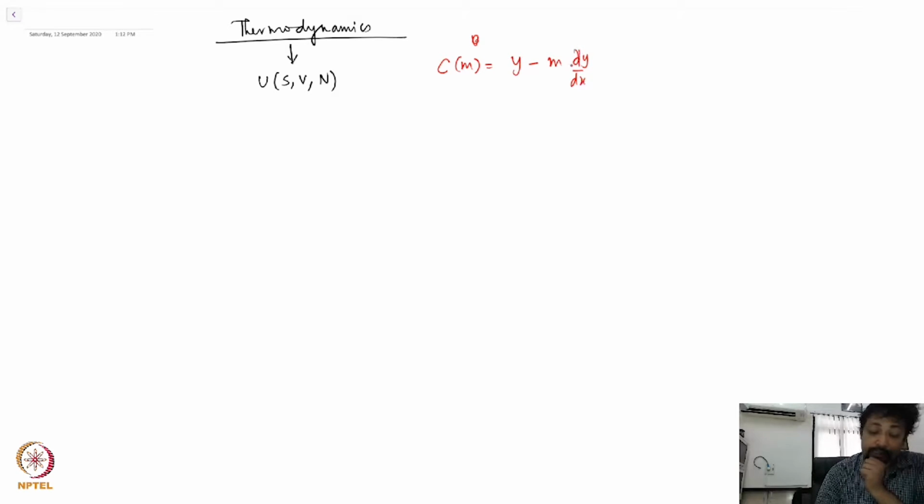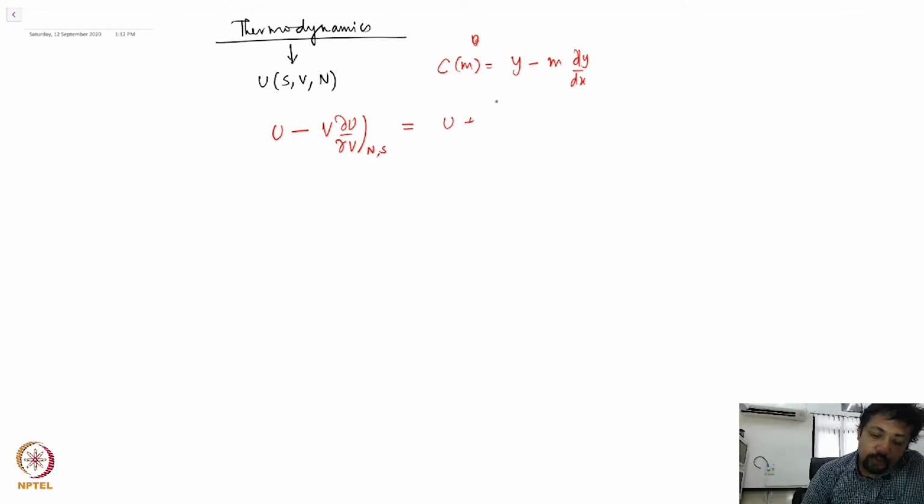I can generalize this. Therefore, I will define a function which is U minus V ∂U/∂V, and S also. This is allowed, correct? What is this function?